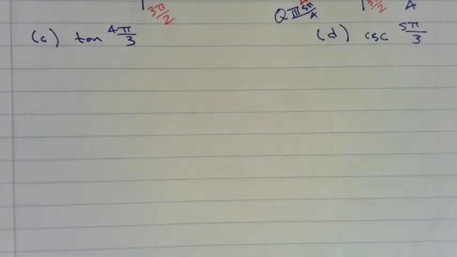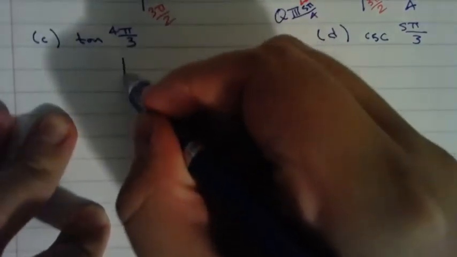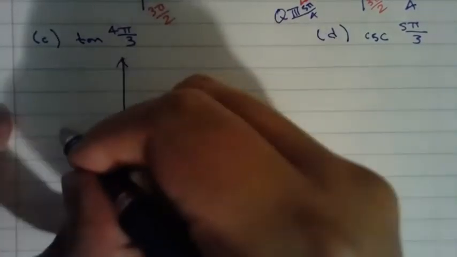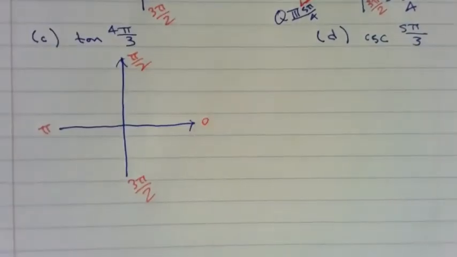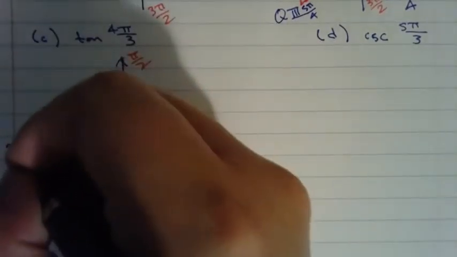So now, tangent of 4 pi over 3. Again, make your axis. Label it by radians. 0, pi over 2, pi, 3 pi over 2. Hopefully you get the hang of this already. Again, we're looking at over 3. So you know that this is 3 pi over 3.